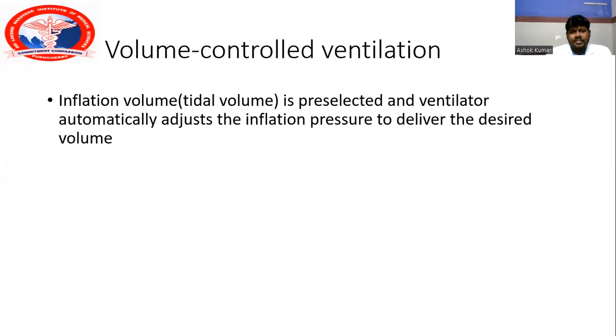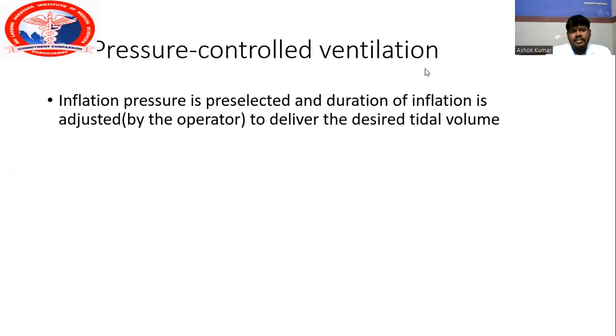Tidal volume is the volume of air inspired and expired during one breathing cycle. That tidal volume or inflation volume is pre-selected, and the ventilator automatically adjusts the inflation pressure to deliver the desired volume. Then proceed to the next slide. Then define pressure control ventilation.